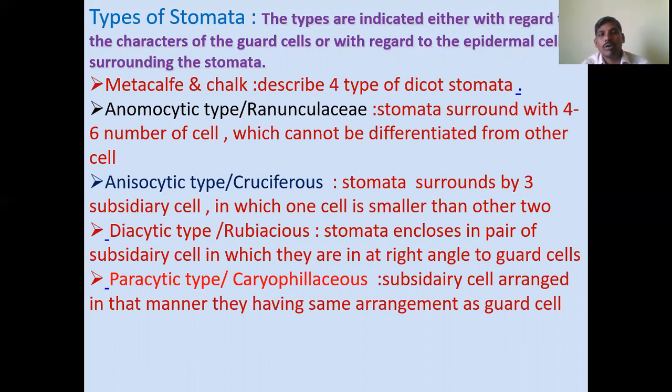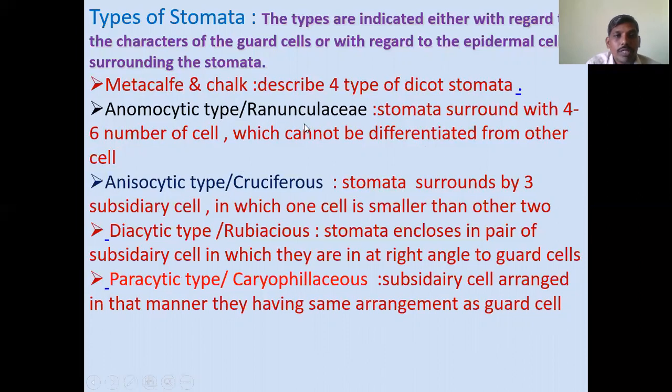Metcalfe and Chalk described mainly four types of stomata in dicots: anomocytic, anisocytic, diacytic, and paracytic. These four types are found in dicots based on the number and size of the epidermal cells surrounding the guard cells.